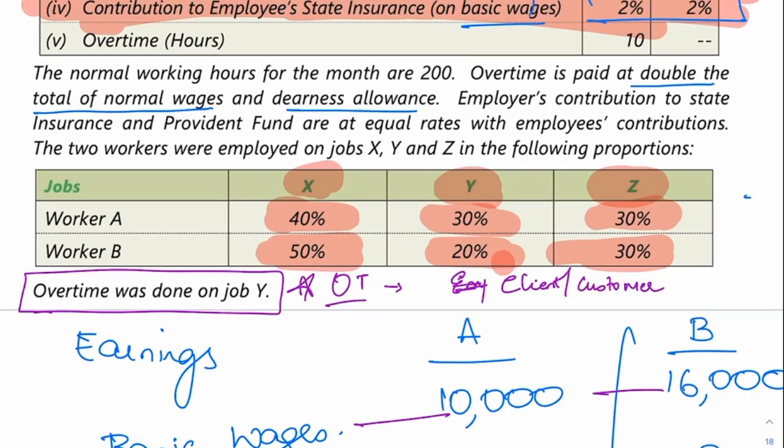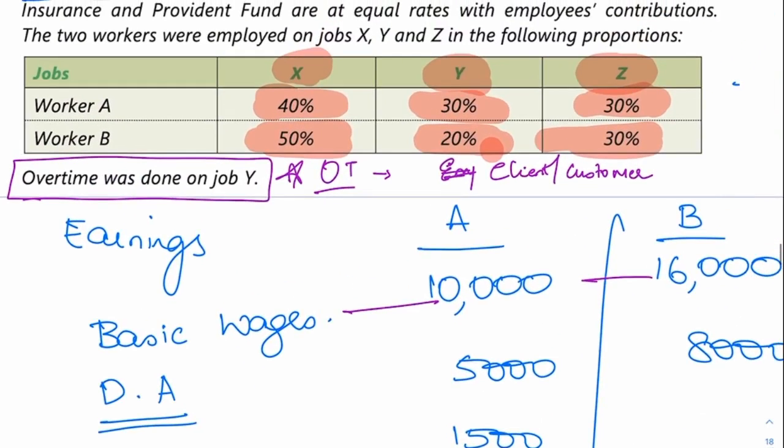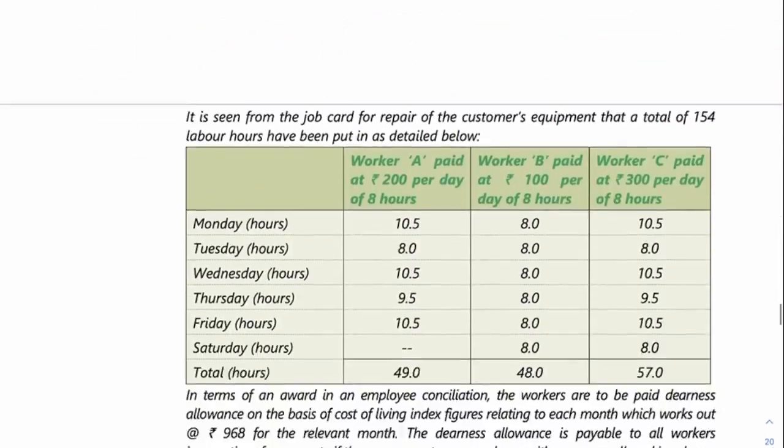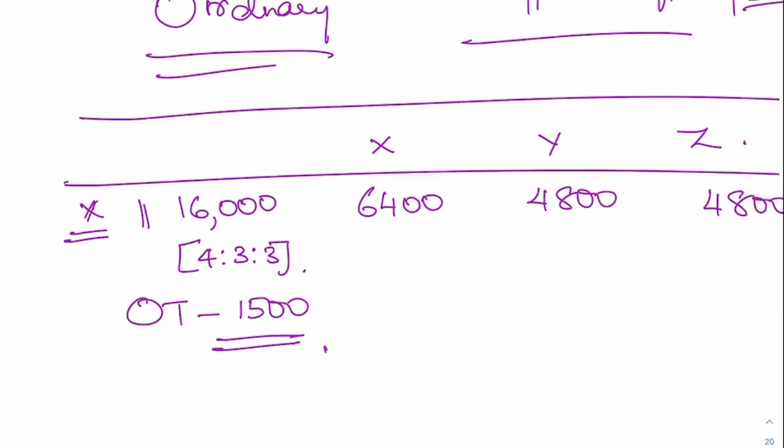Understood, Farin? Okay. And B's cost has to be apportioned in the ratio of 5:3. Okay. My question now is, there is an overtime which Mr. A is incurring. There is an overtime Mr. A is incurring. Who will be taking that? Is it X, Y or Z? It is job Y's, which is 1,500. Are you clear?